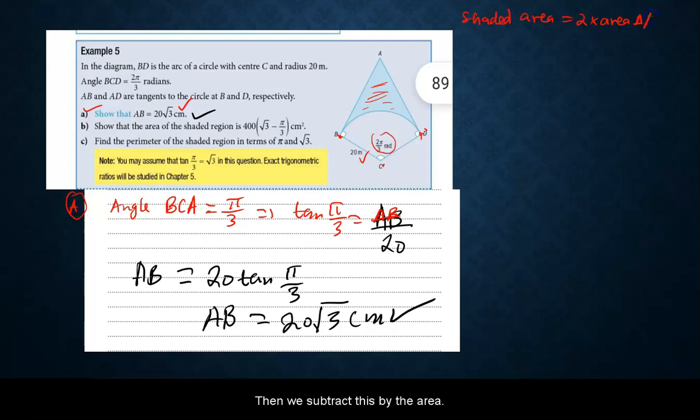Then we subtract from this the area of what? A sector. So you will look for the area of sector DCB, and the area of a triangle. This is a triangle, and then we look at this sector, this region.